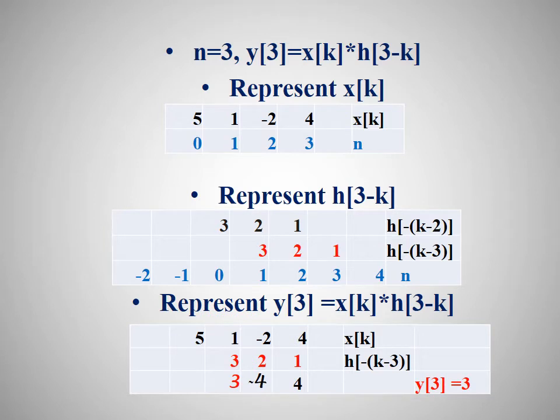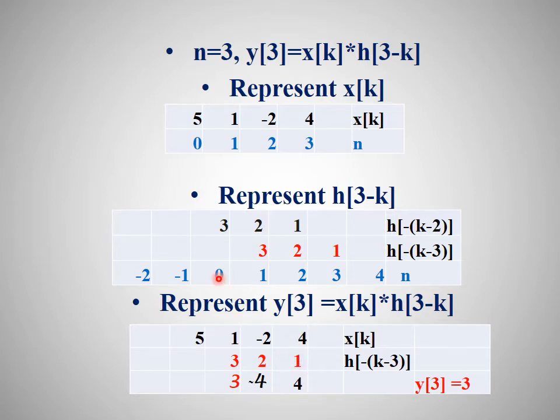Now let us try to get the final answer, which is y of 3 equal to x of k into h of 3 minus k. So rewriting, at n equal to 0 it is 5, at n equal to 1 it is 1, minus 2 and 4, and here at n equal to 1 it is 3, at n equal to 2 it is 2, and at n equal to 3 it is 1.